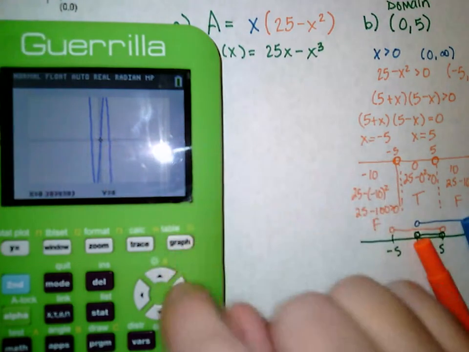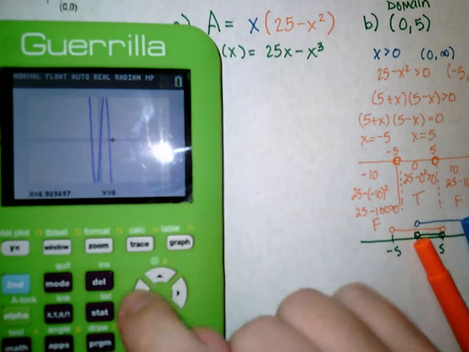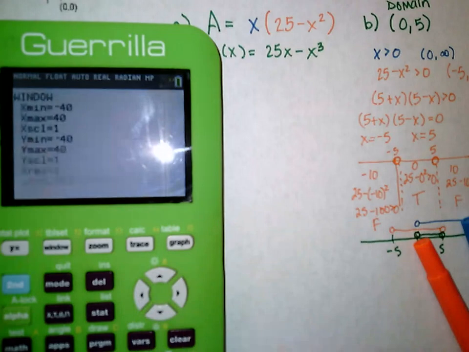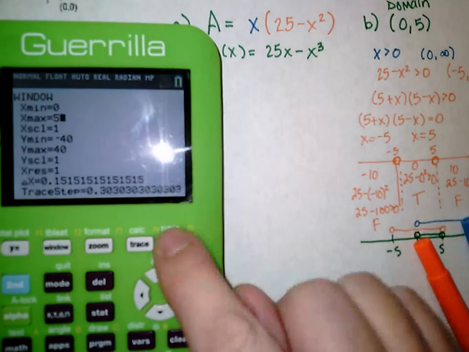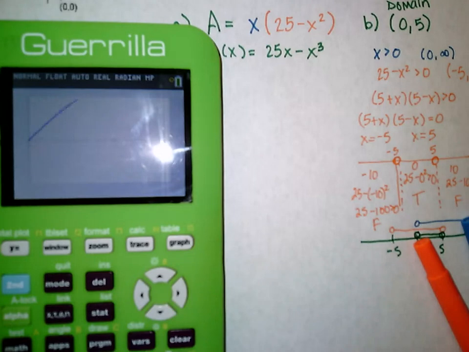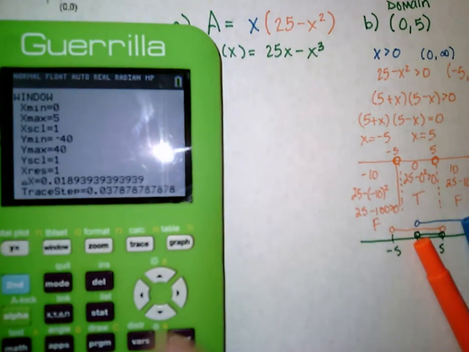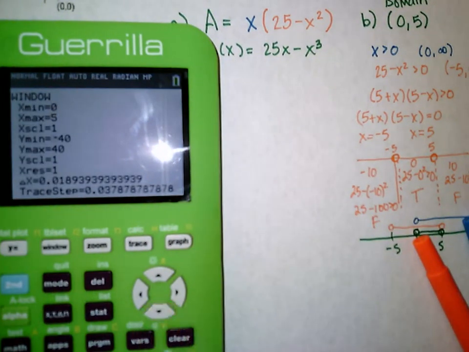So let's see. That looks like, well, it should be 5. So let's set our window from 0 to 5 and look at what that looks like. Okay. I need to go up higher, and I don't need to see negative y values. So I'm going to make that 0.